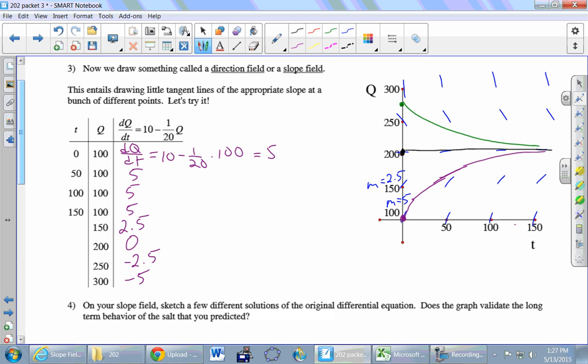It's going to get less salty because the stuff coming in is not as salty as the stuff that was already there. And eventually hone in, but from the other side, on the same 200. And if you happen to start with a tank that had exactly 200 pounds of salt in it to begin with, then the stuff coming in is equal to the stuff that's already in there. And so nothing changes, right? You just stay at 200 pounds of salt the whole time.